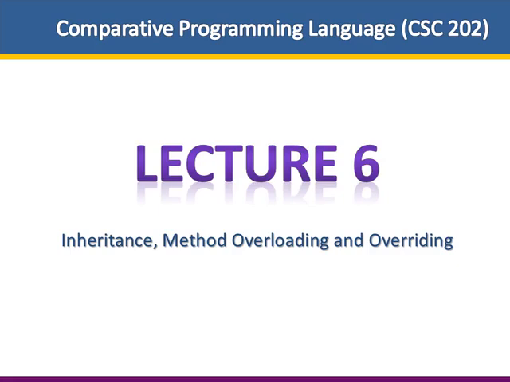We have two types of variables: class variables and instance variables. Class variables are shared by all instances, while an instance variable belongs only to specific instances.